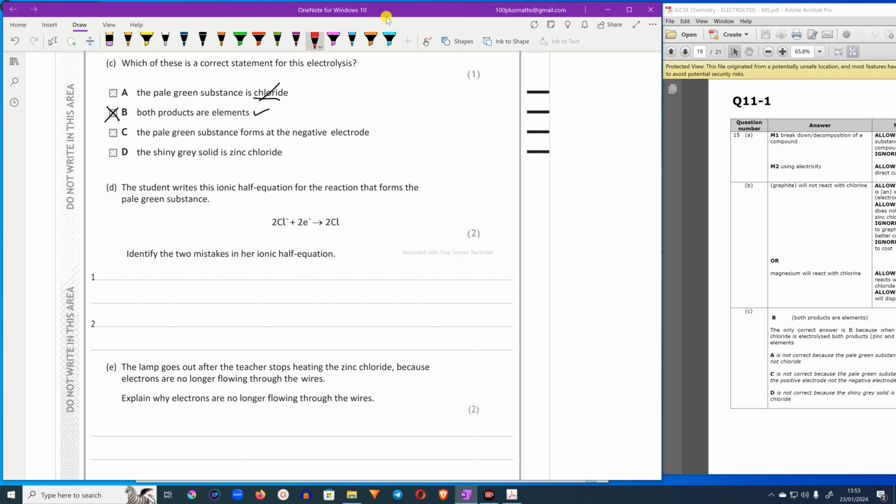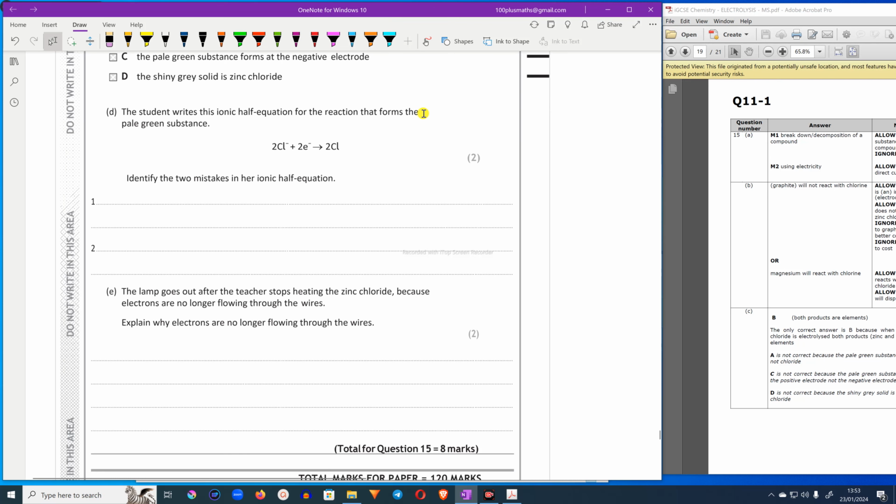Right. Oh, okay. Same idea. This negative charge indicates that you've got extra electrons, because you've got an extra minus there. So this 2 plus should be on that side.